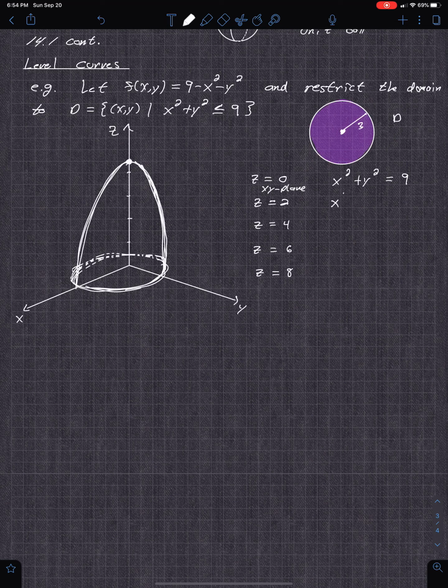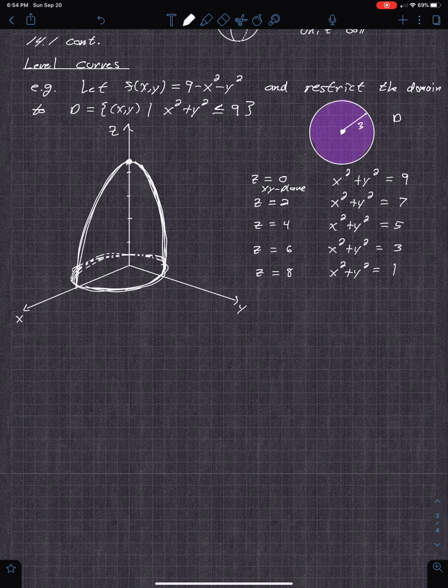You get x squared plus y squared equals 7. You get x squared plus y squared equals 5. x squared plus y squared equals 3. And then x squared plus y squared equals 1.